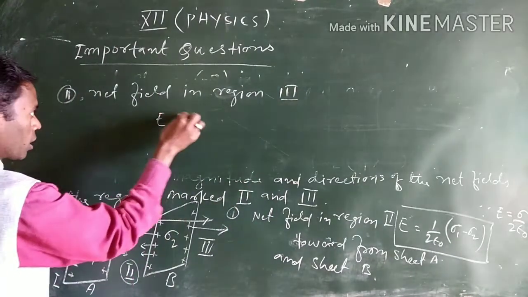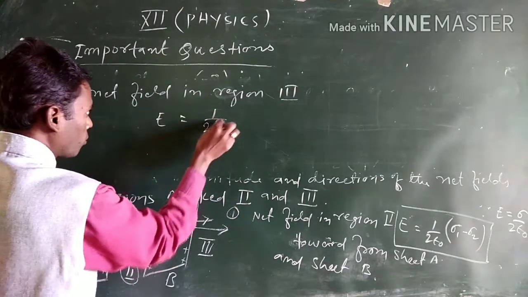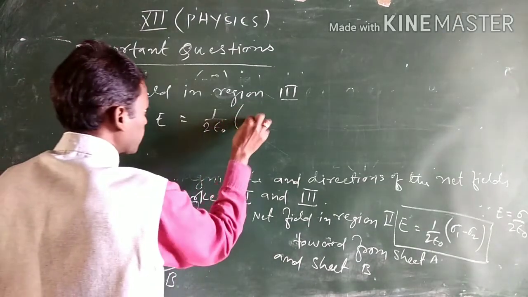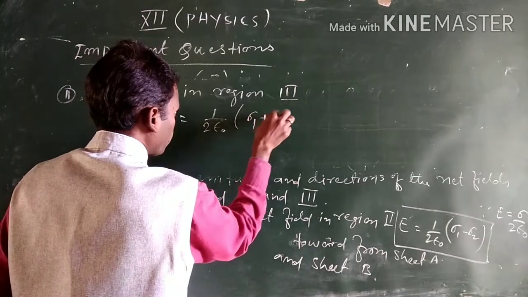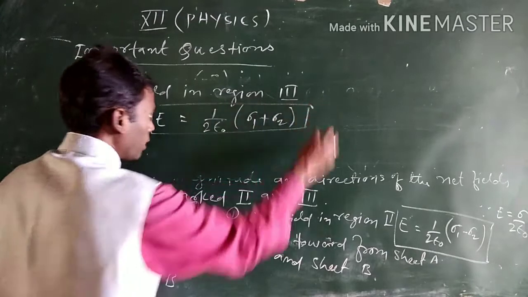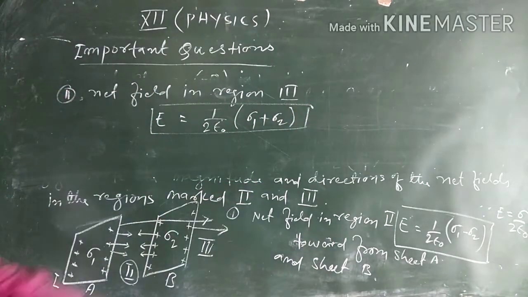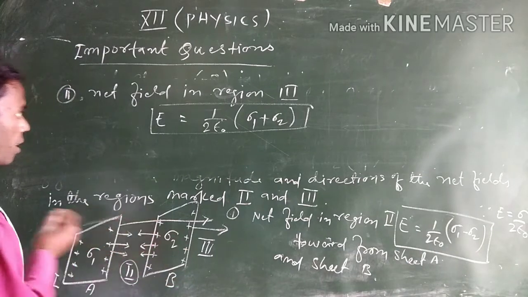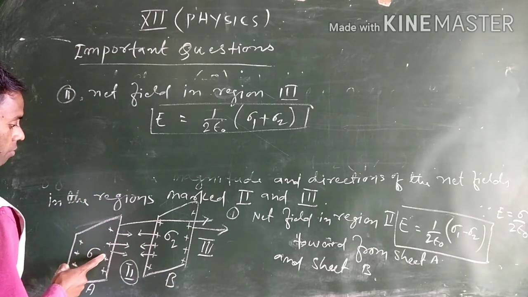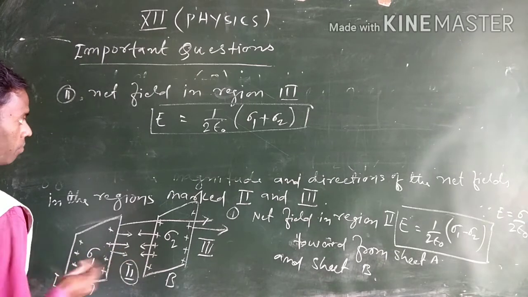Electric field equals 1 by 2 epsilon naught. Here the direction is the same, that's why here sigma 1 plus sigma 2. This will be the electric field in this region, right?